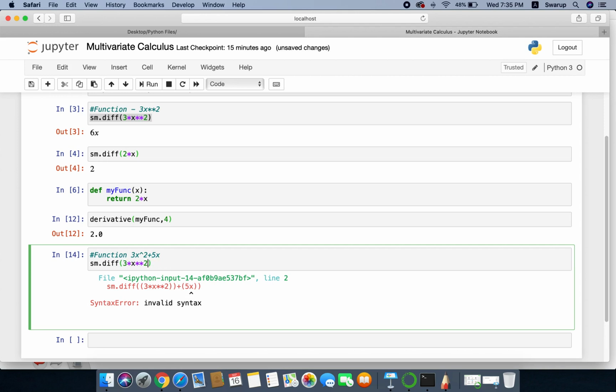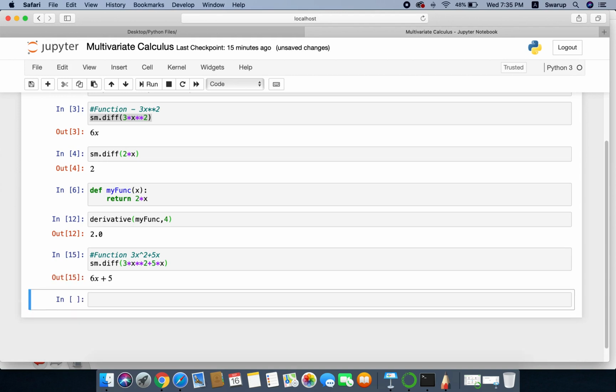Here I have directly written plus 5 asterisk x, so we have to write it like that. This is giving 3x square plus 5x, that is 6x plus 5. So this is how we can find the differentiation using the sum rule, either manually or directly using sm.diff. It will find the differentiation.